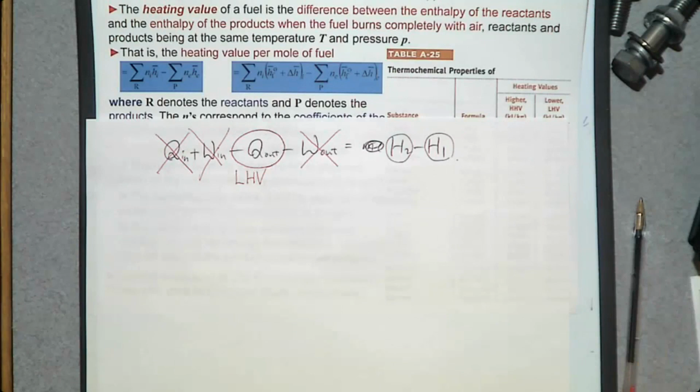So how many liquid octane, how many oxygen, how many nitrogen, and how many carbon dioxide, water, etc.? How do we know them? By using the balanced reaction equation. So the first thing we need to do is determine the balanced reaction equation for liquid octane.